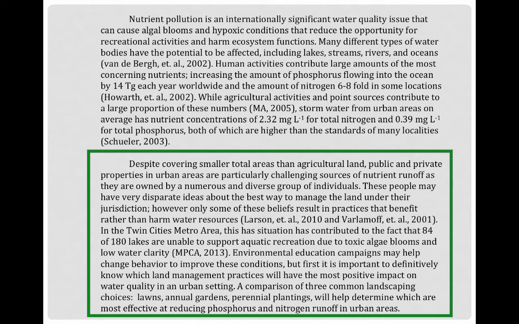A comparison of these landscaping choices will help determine which are the most effective in reducing phosphorus and nitrogen runoff. And so, again, there's a clear statement of why this literature review and looking at the overall results of the literature in this particular area are important and valuable to solving this big problem.